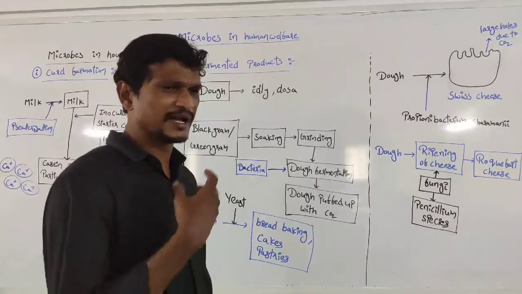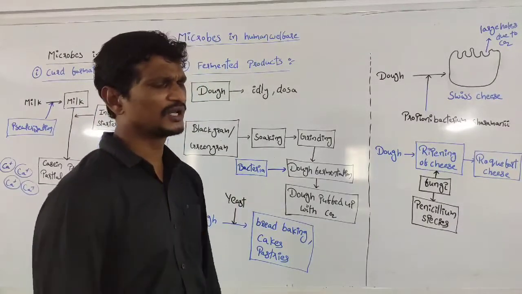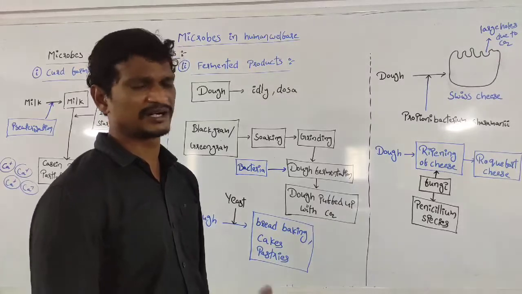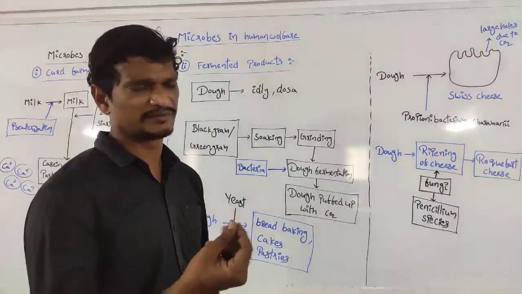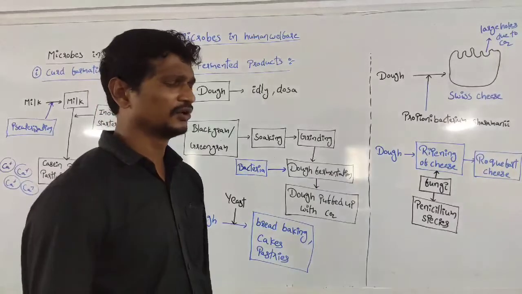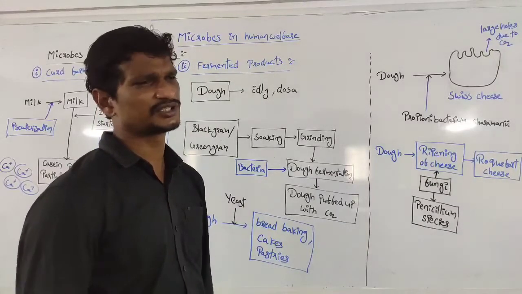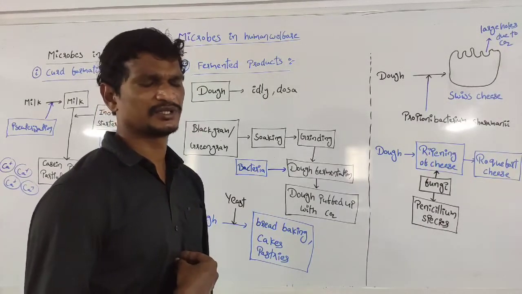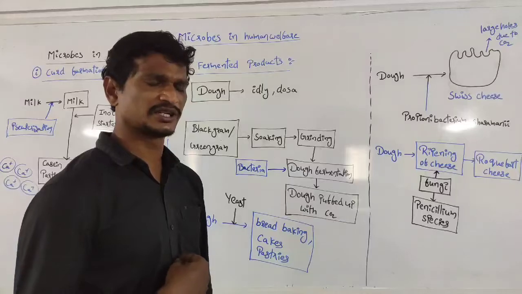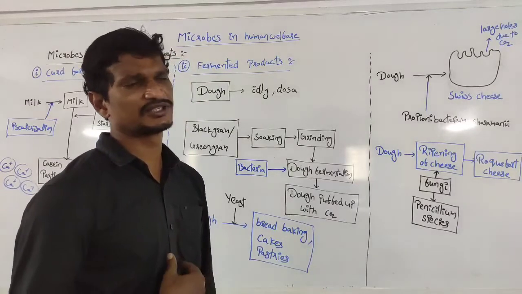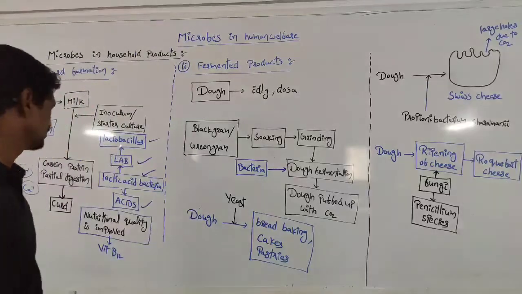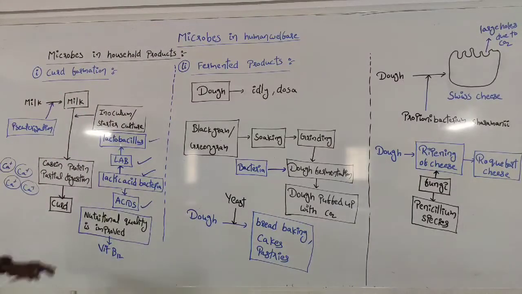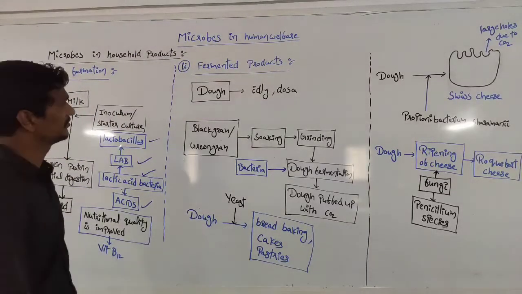If we eat curd daily, that is nothing but bacteria cells, so we have certain immunity, because the products of those bacteria cells enter the bloodstream and activate our immune system.